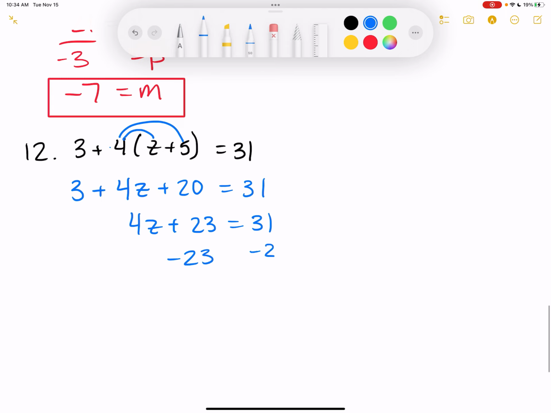So 4z equals 31 minus 23, which is 8. Now what? You divide by 4 on both sides. So z equals 8 divided by 4, which is 2.